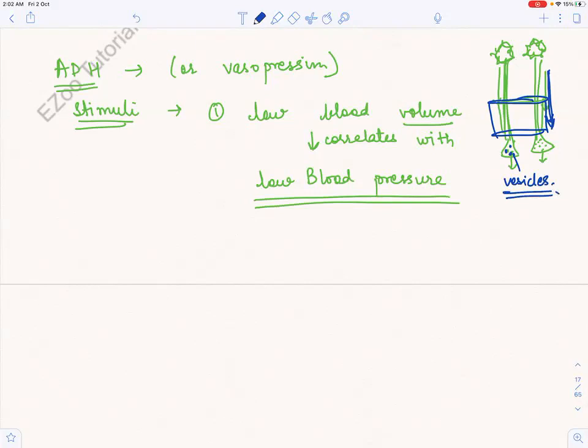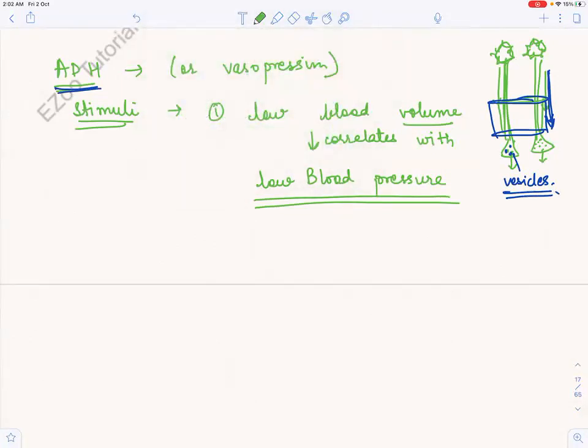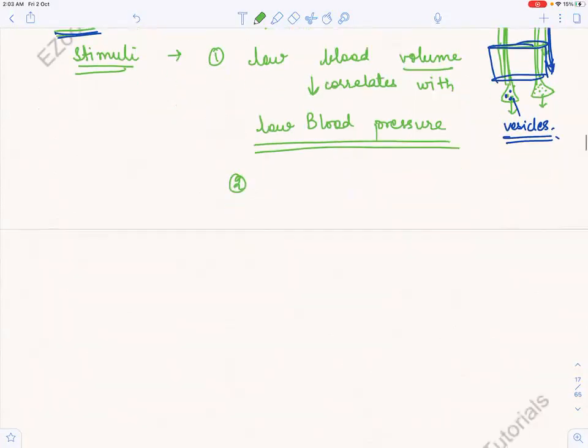Now we have seen about antidiuretic hormone or vasopressin. We were seeing the stimuli. The first stimulus is low blood pressure. The second is plasma osmolality, actually high plasma osmolality.